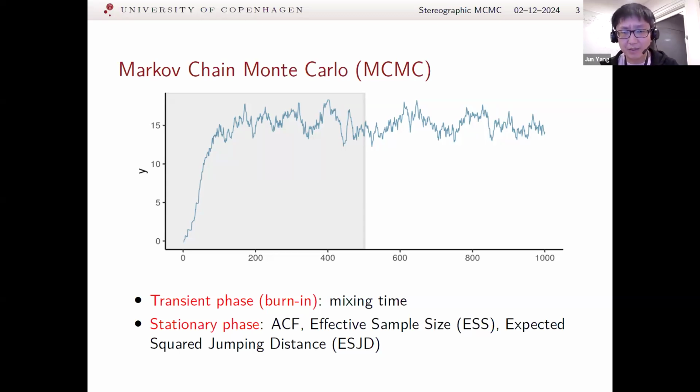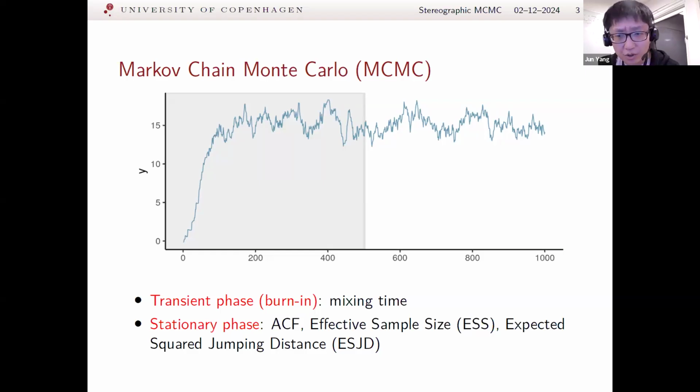In the stationary phase, we can study, for example, the autocorrelation function of the output, or a notion of effective sample size, or ESS. The idea of effective sample size is to say how good the sample is compared with independent samples, because MCMC algorithms almost always produce positively correlated samples, which means you need to simulate more samples to get a certain number of IID samples, equivalent for the Monte Carlo estimation.